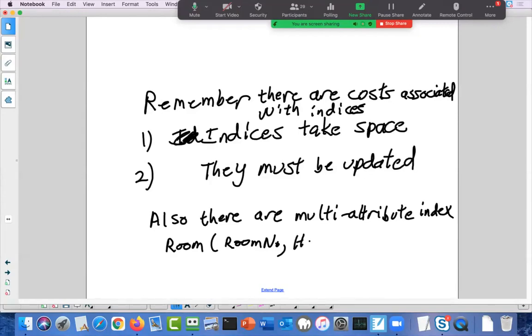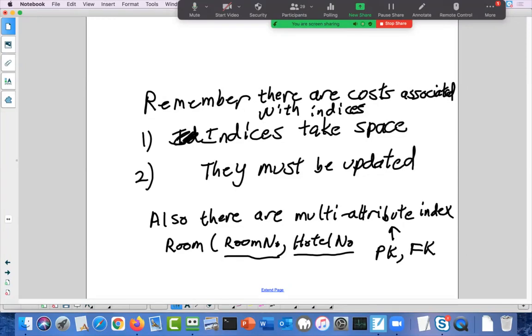And similarly, the hotel number doesn't uniquely give us a room in a hotel. So in this case, we would probably choose a 2-attribute index on room number and hotel number. That would be most common when those attributes form a primary key or a foreign key. When either the primary key or the foreign key is a multi-attribute key, you would tend to choose a multi-attribute index for it.